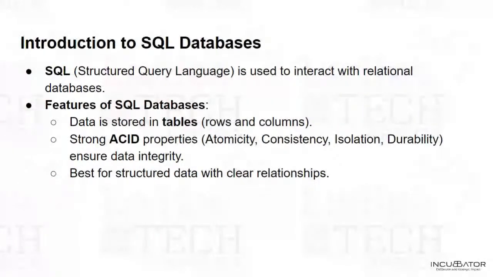One row is a record, a combination of the rows and columns, like a user's record. It has strong ACID properties, that is atomicity, consistency, isolation, durability, which ensure data integrity. I'm going to be explaining that. It's best for structured data with clear relationships.